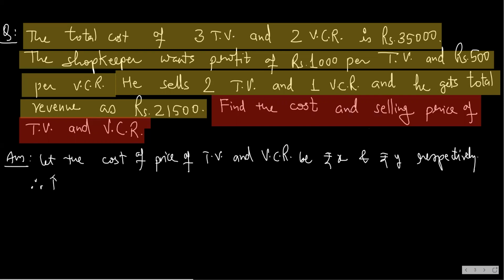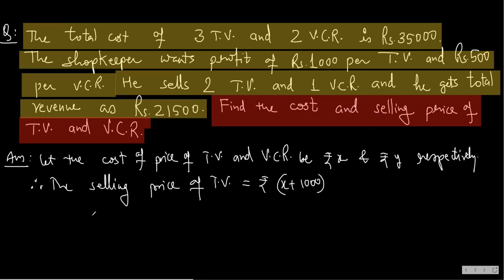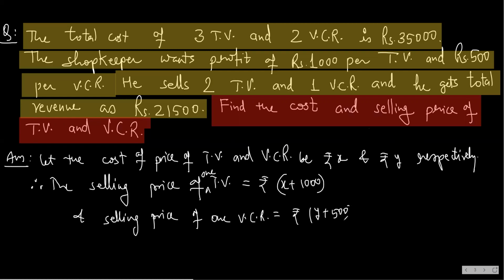I will write, therefore, the selling price of TV equals to rupees X plus 1,000 and selling price of 1 VCR equals to rupees Y plus 500.